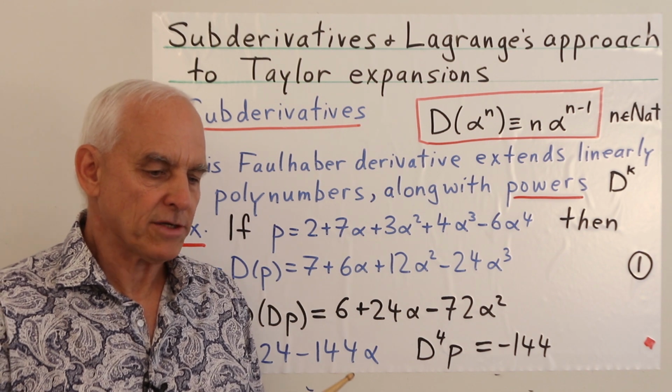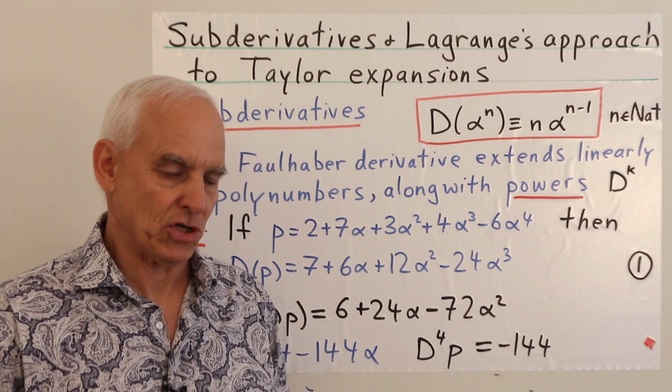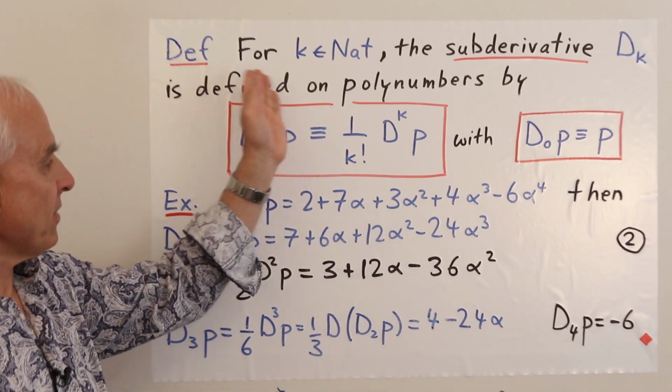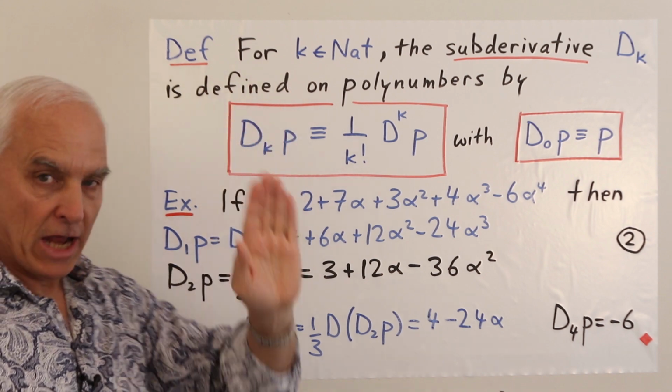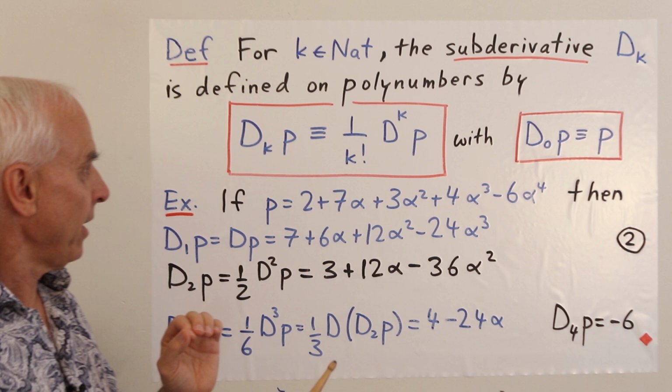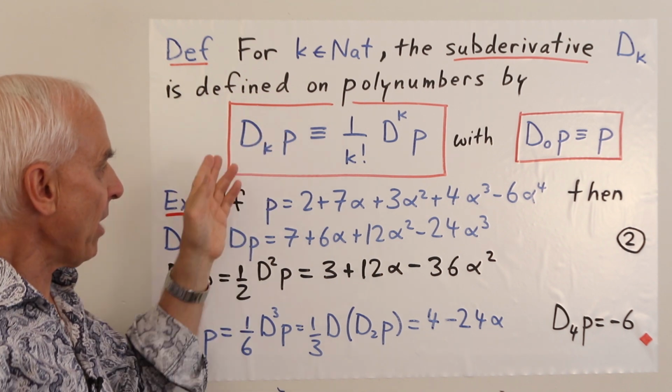We're going to want to think about a slight alteration of this. So, key definition. For k a natural number, the subderivative d sub k is defined on polynumbers by the following.